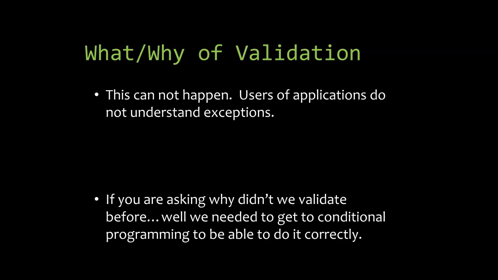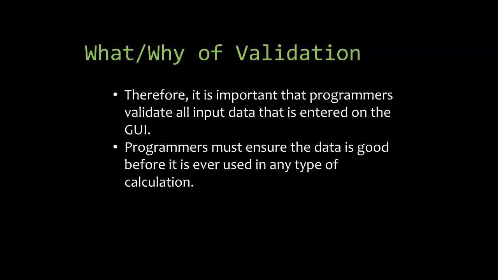So what we want to do now is make sure that all our input is good, so that we cannot get to a point where the program breaks because a user enters the input incorrectly. All right, so what we need to do is validate all input data. We need to ensure that every piece of data that comes in is good and can be used in calculations.